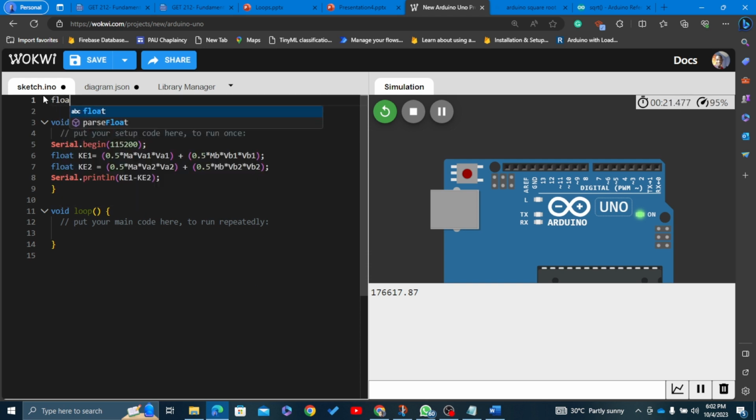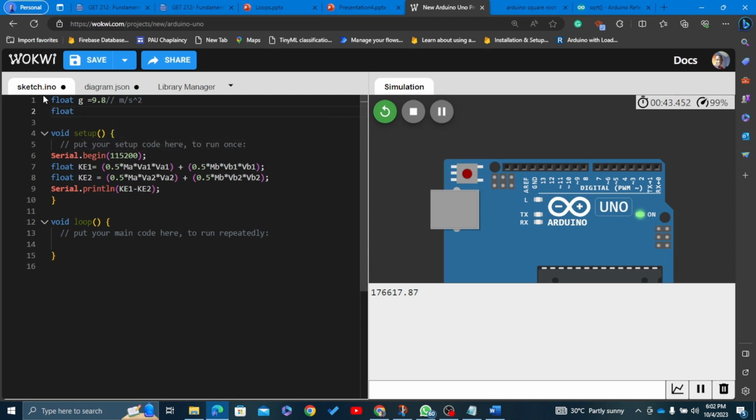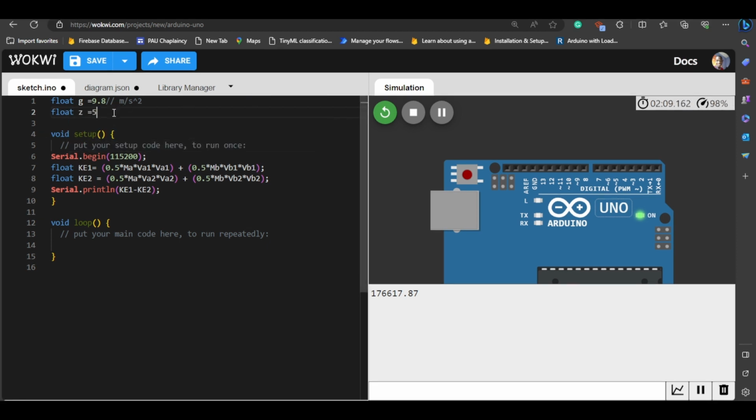Let's create some variables. Float g equals 9.8. 9.8 is in meters per second squared. Now float z equals 5 meters.